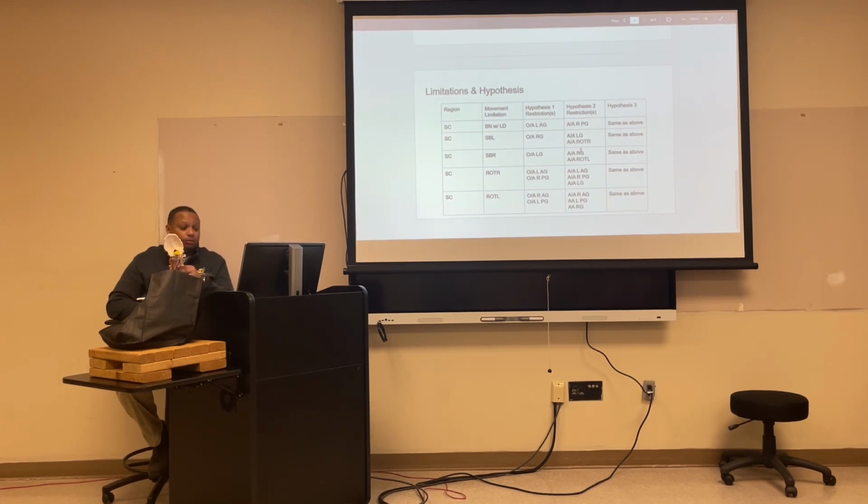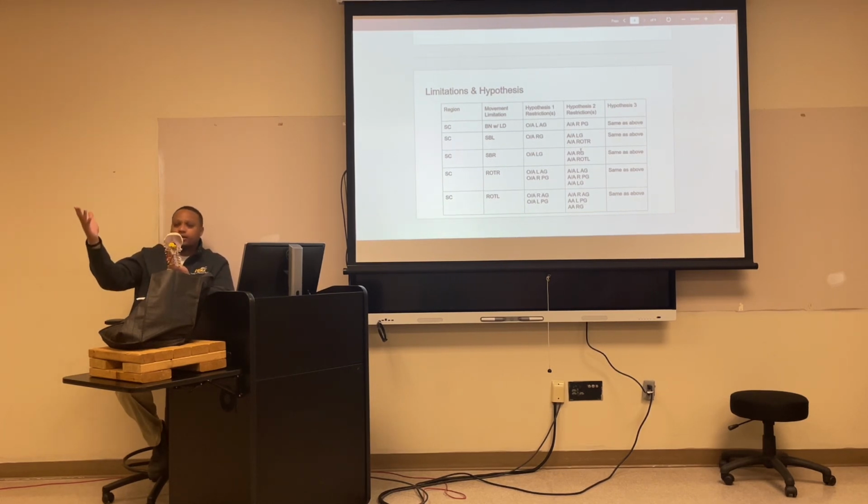Rotation right. So moving on to rotation right. With rotation right, so I'm rotating to the right. So I know that OA on the left has to glide anteriorly, and I know that OA on the right has to glide posteriorly. So those could be possible restrictions as hypothesis one. So we'll be able to assess and treat those.